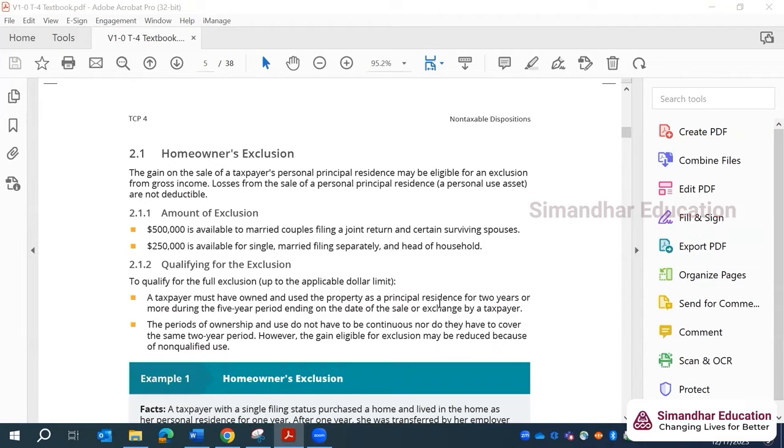So that means you should own the property for 2 years and you should use the property for 2 years. Now the usage provision and the ownership provision, the periods may not be the same.